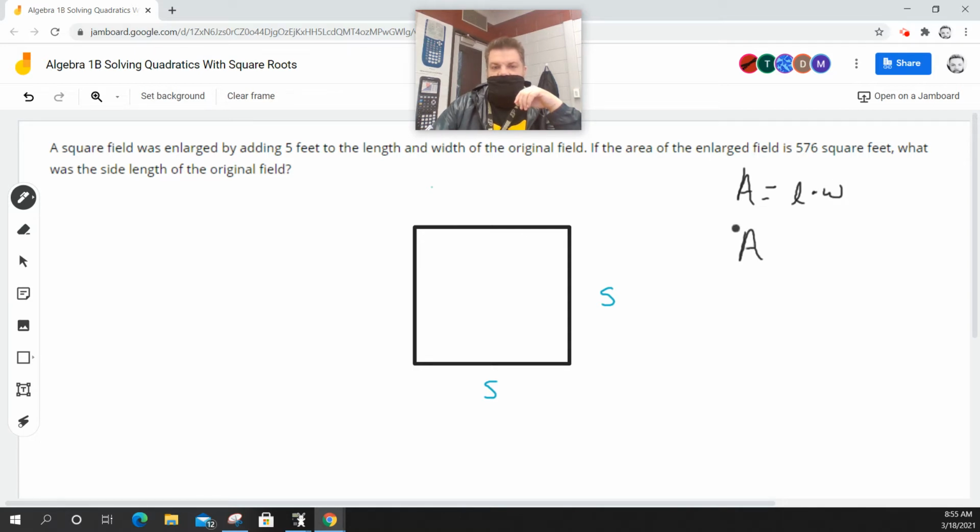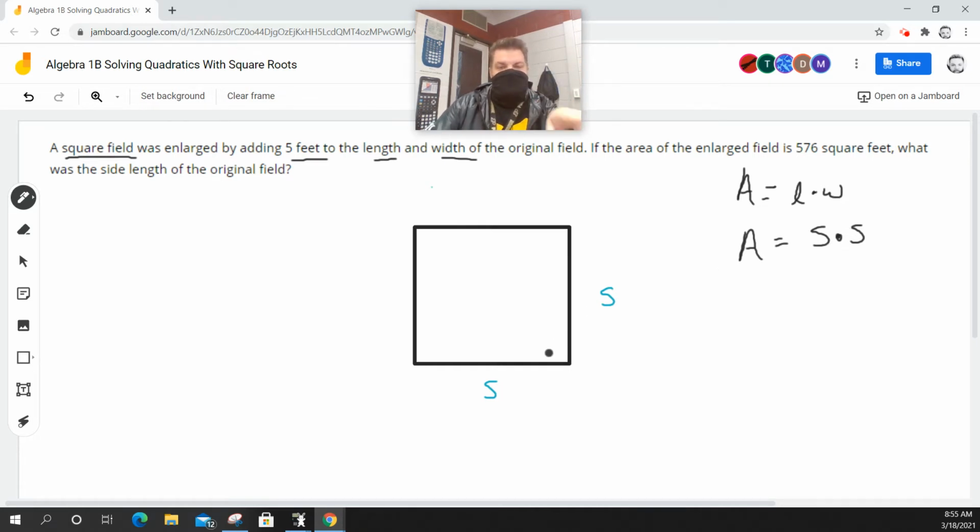But on a square, and that's what they said, a square field was enlarged by adding 5 feet to the length and the width because it has to be the same. We think of it as the side times the side, which is really the length times the length, okay?